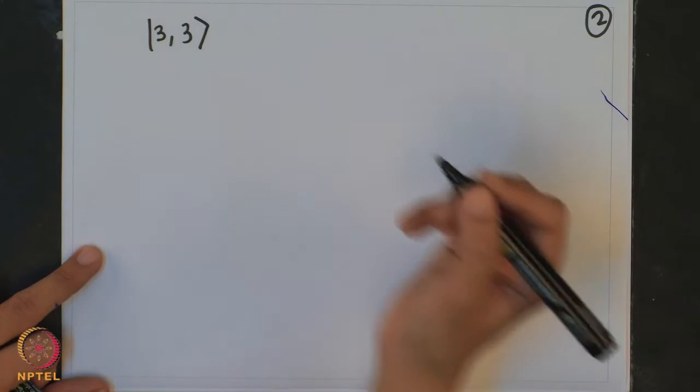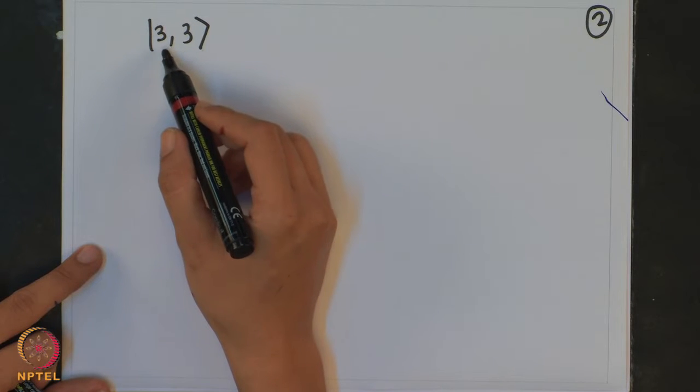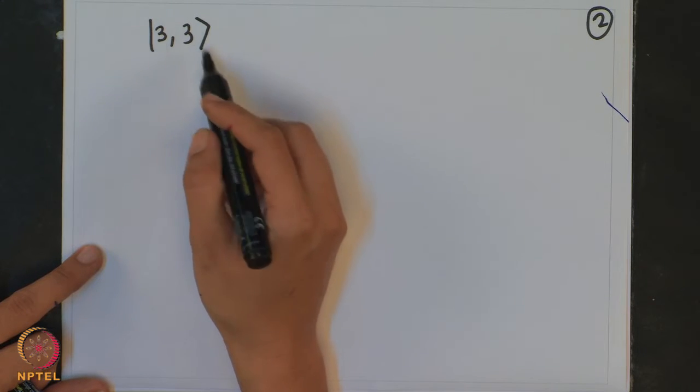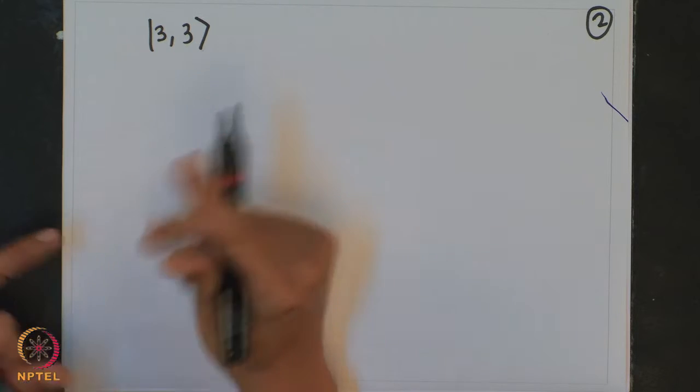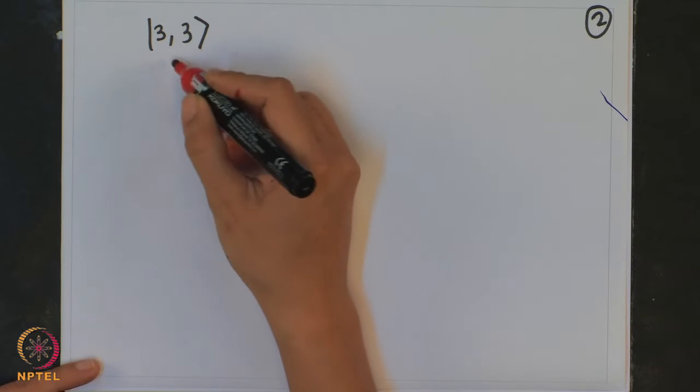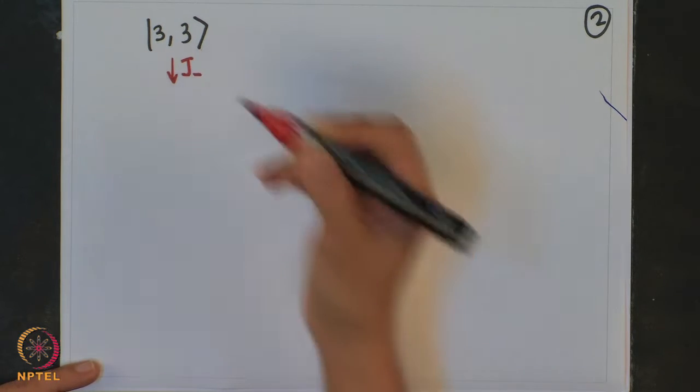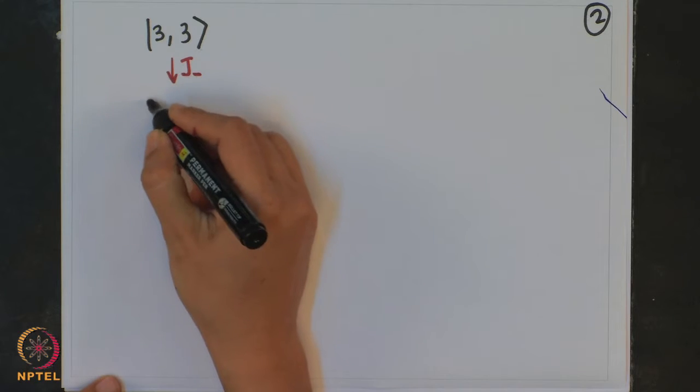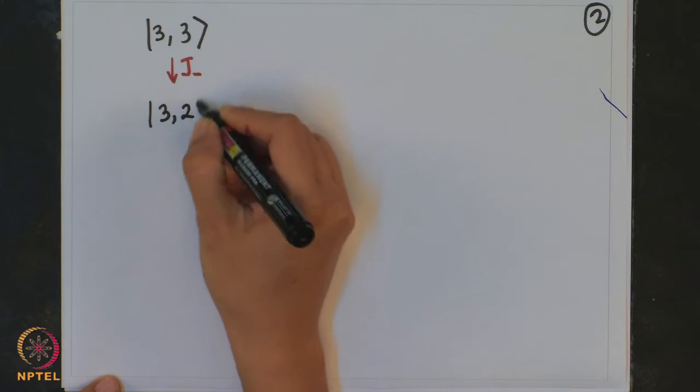If you are able to evaluate this quantity, okay. So, 3, this is the highest state which will correspond to 2 comma 1, this we have just now seen. Now, if I operate a ladder operator J minus, what I obtain here is 3 comma 2.